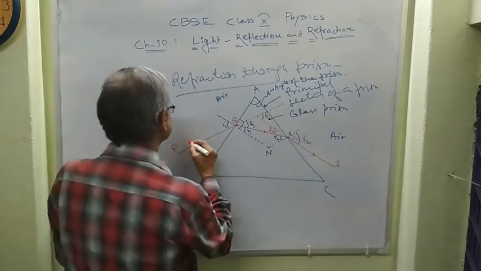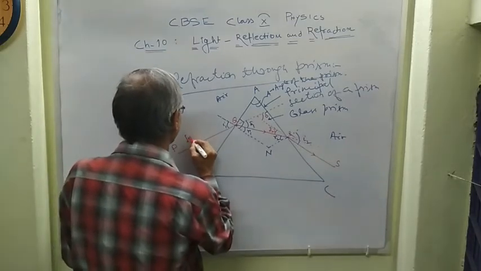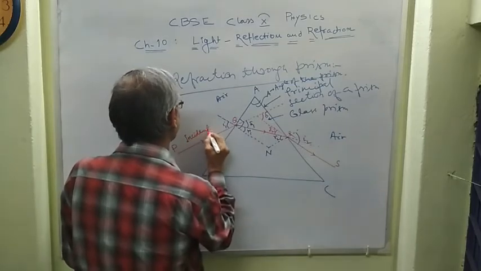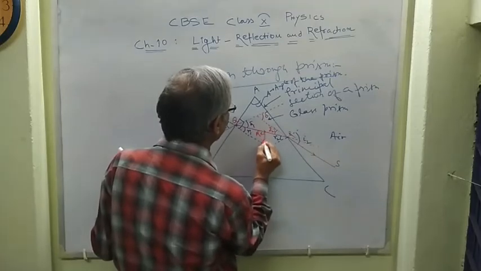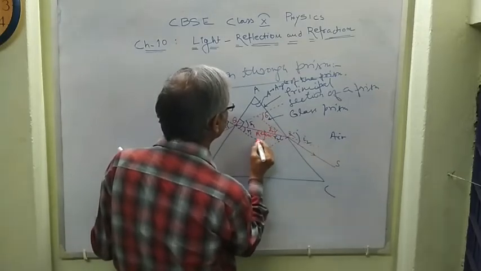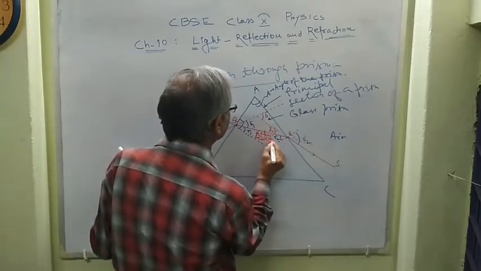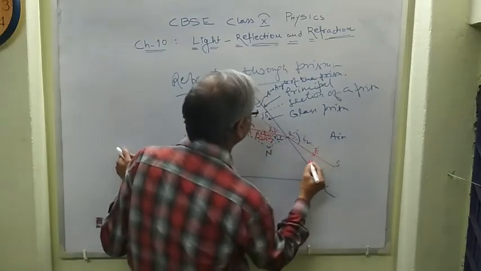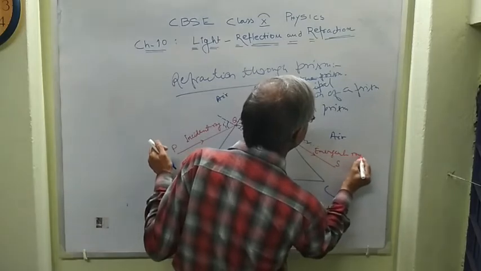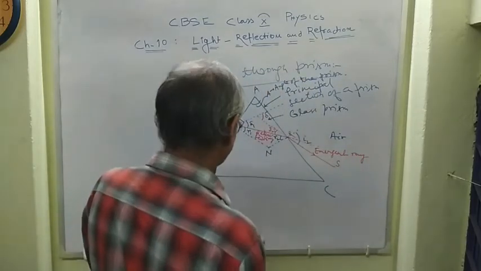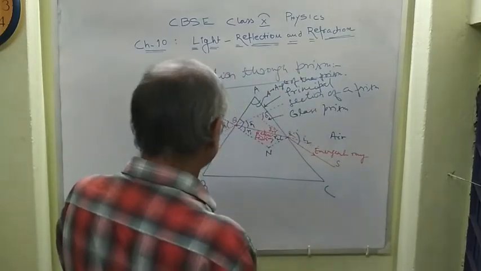This is the incident ray, refracted ray, and this is the emergent ray. Right? Now we calculate delta.